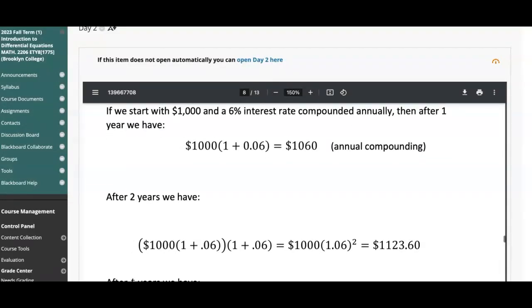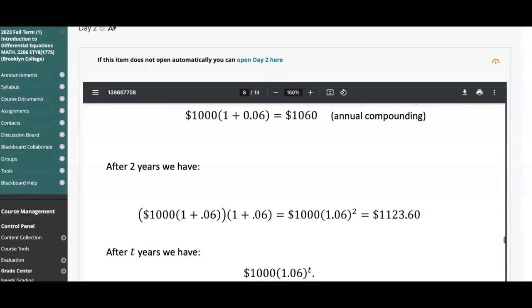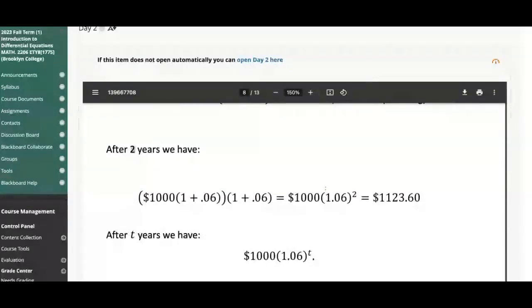You see, this is compounded once for 2 years. That's how we calculate. Here it's 0.06 divided by 1 because n equals 1, raised to 1 times 2.